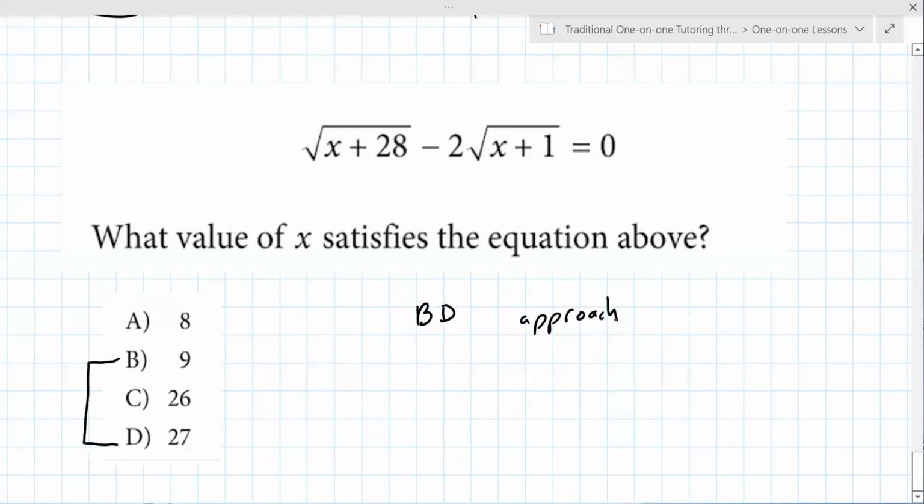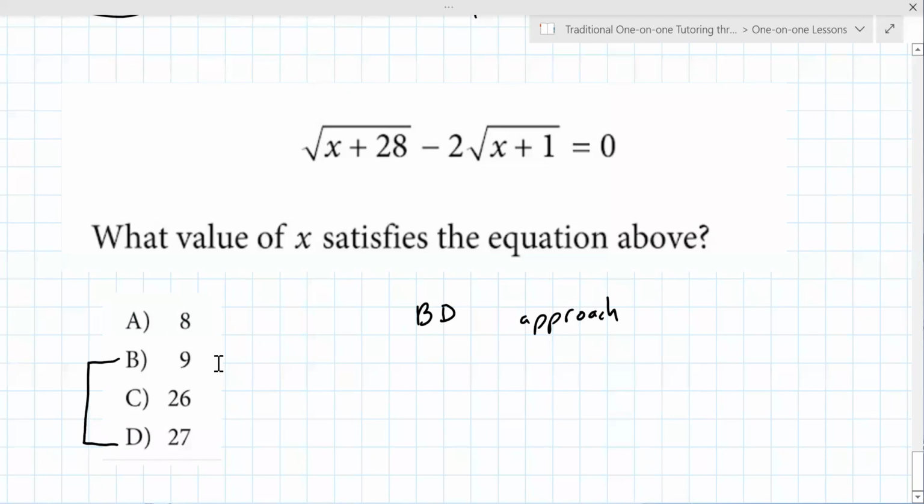The idea is that, let's say B is too small and D is too large, then the answer is C. But if B is too large and D is way too large, then the answer is A. Or if B is really too small and D is kind of too small, then it must be E. So if you're gonna try answers, you generally try B and D and then hope to either squeeze the other answer or know that it's the one at the other extremes.